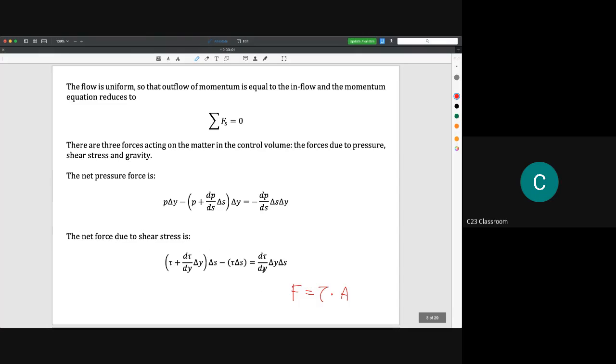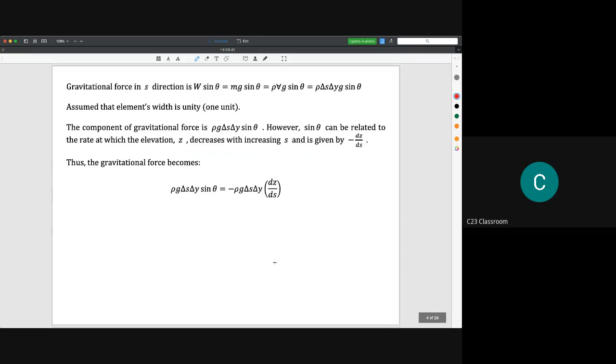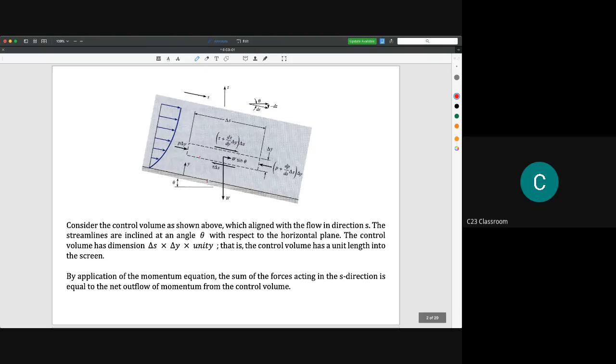So we solve this, get these terms, and then simplify the term for gravity. We will only discuss the force of gravity in the S direction, parallel with this plane. You could have another component here, so I think you can imagine this, and we only take the component along the S axis. So we have weight times sine theta.